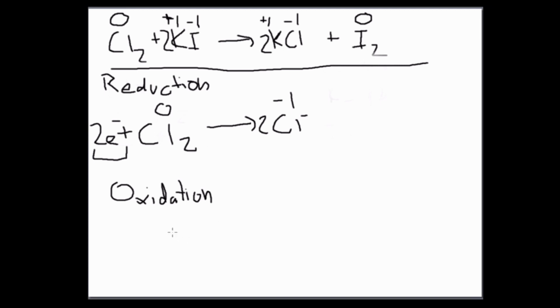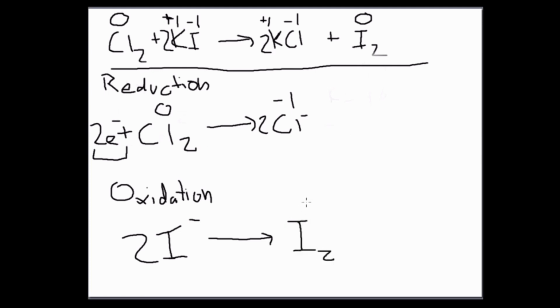As you can see, the potassium stays the same with +1, so that's not going to be a factor. It's a spectator ion. So the only option we have left is iodine, which is 2I minus on this side, bonded to the potassium, and it's going to go into iodine 2.